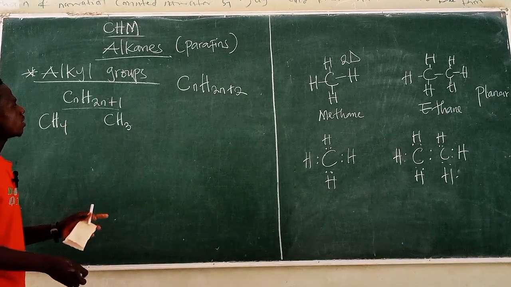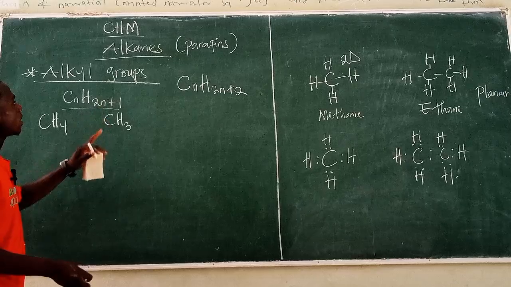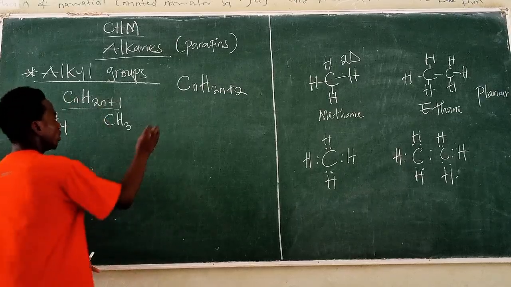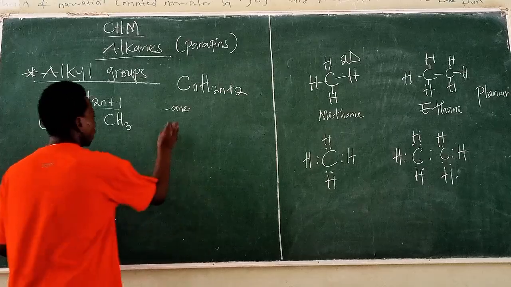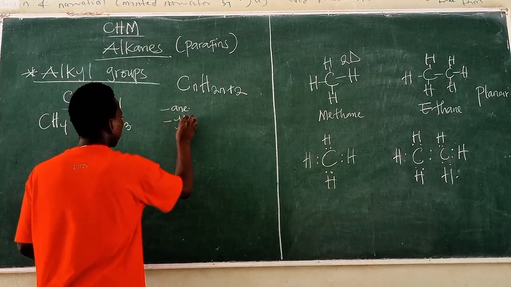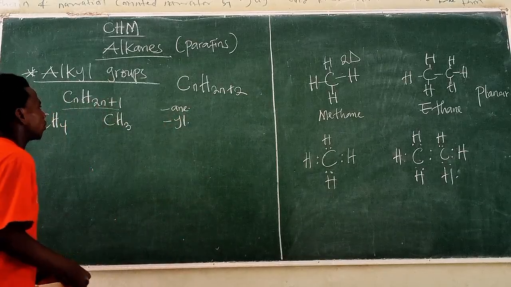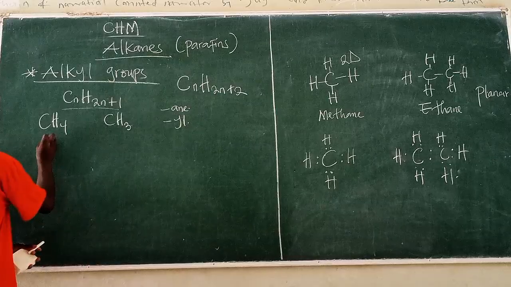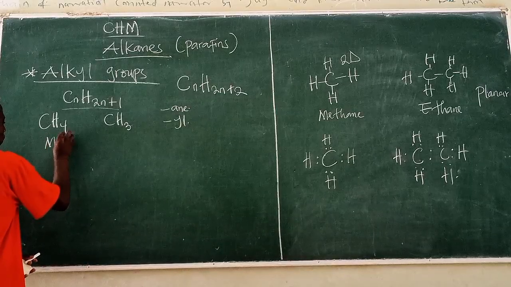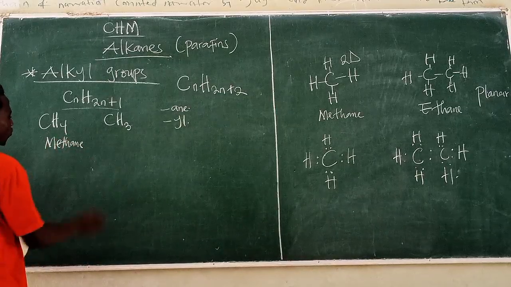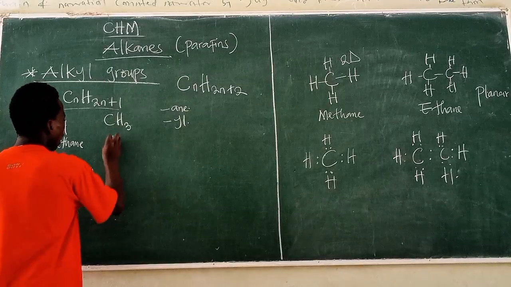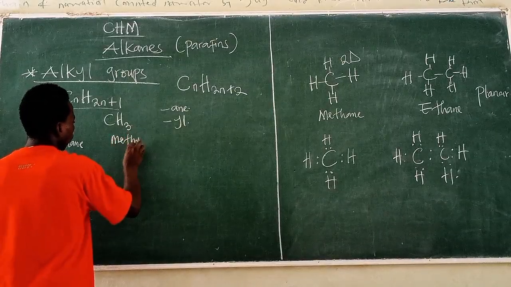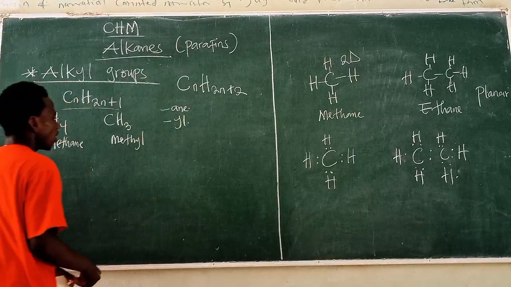Now, alkyls are named by removing the ANE and replacing it with YL in the corresponding alkyl. For this, we have methane as an alkane. Removing the ANE and replacing it with YL, we'll have methyl, which is the first member of the alkyl groups.